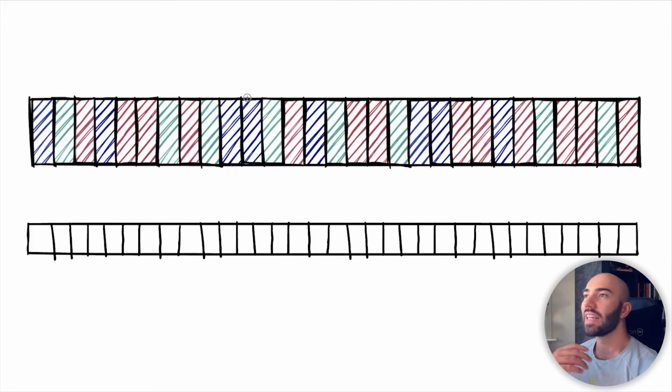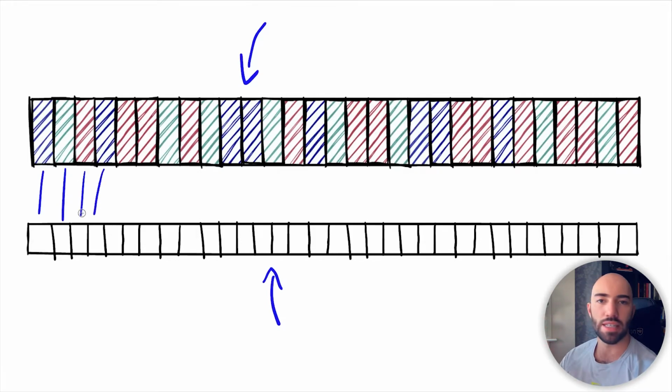Now, to implement a metadata filter, we need two things really. We need our vector index, which is what you can see at the top here. And we also need our metadata index. Now, each of these will be paired one by one. So each vector will have its own metadata record.